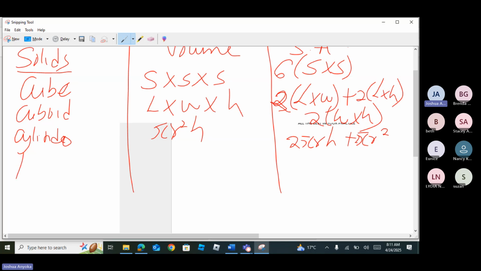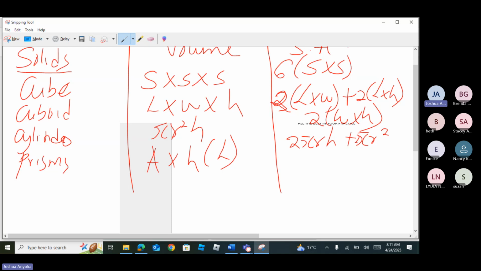Then we have prisms. A prism is a solid with a uniform cross-section area. How to find volume? It is cross-section area times height or times the length, depending on how it is behaving.